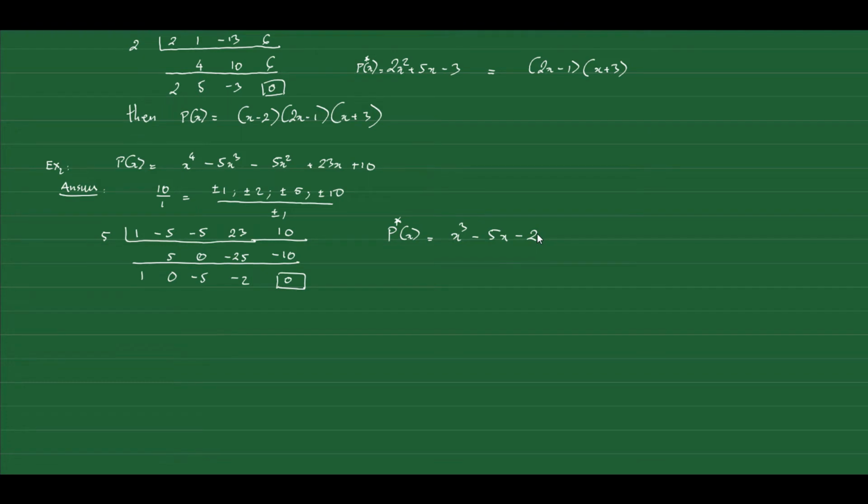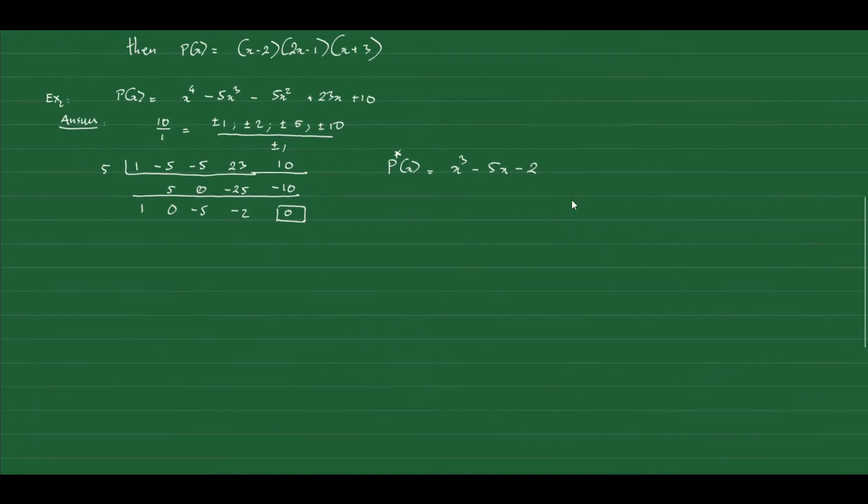Okay, and now we have to keep going to see what number can go into this and give you remainder 0. So let's keep checking. How about I check -2? You have to try, okay?